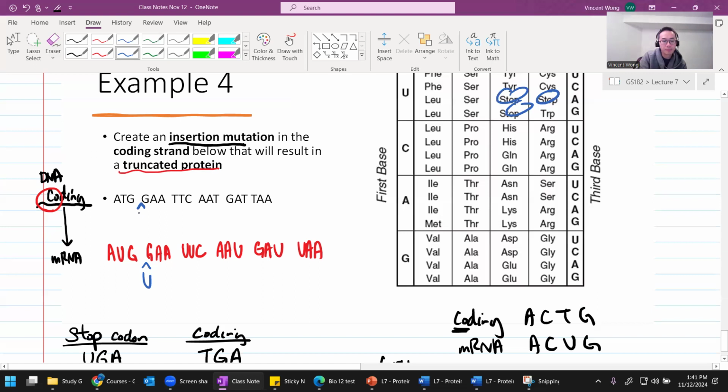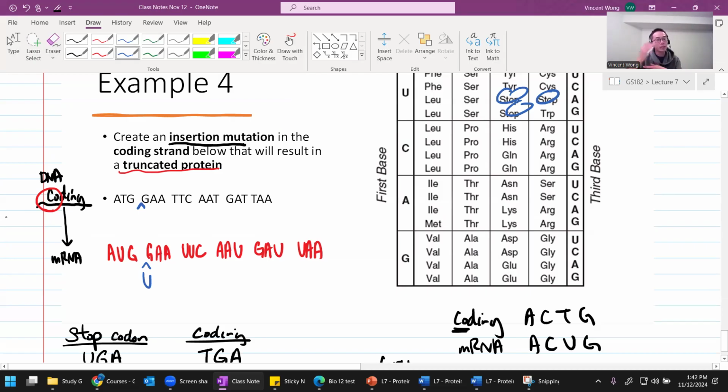So that it's a stop codon, so that it's going to become a U when you change it to mRNA. What letter does the U correspond to in the coding DNA? A. Okay, so once again, for the coding strand and the mRNA, the relationship is that they are the same.